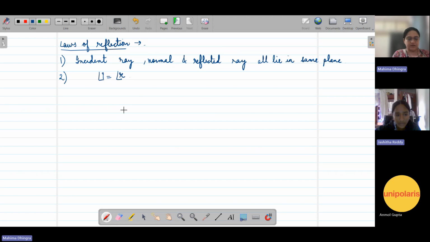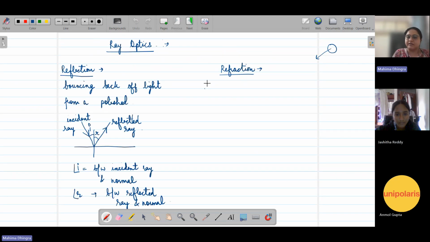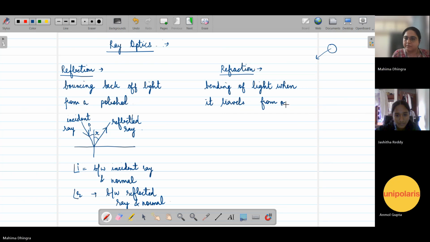Okay, so that is reflection. Now, if we talk about refraction, that is the bending of light when it travels from one medium to another.